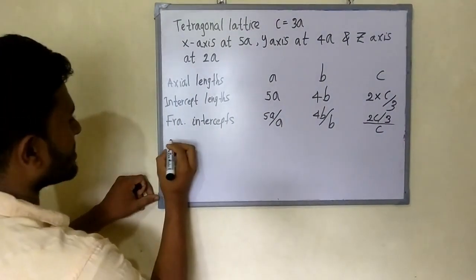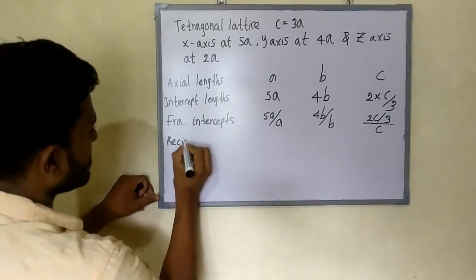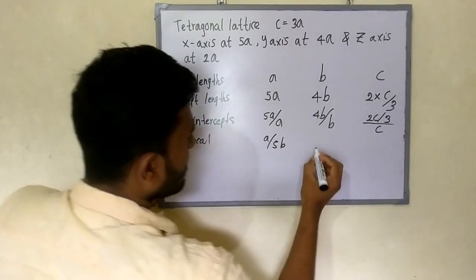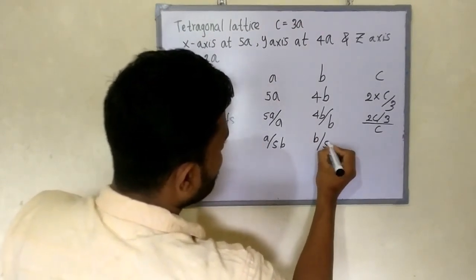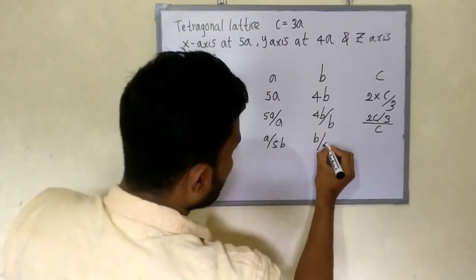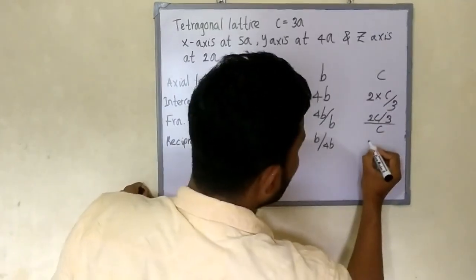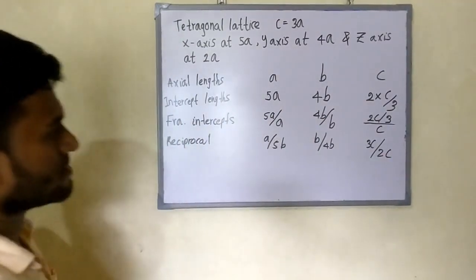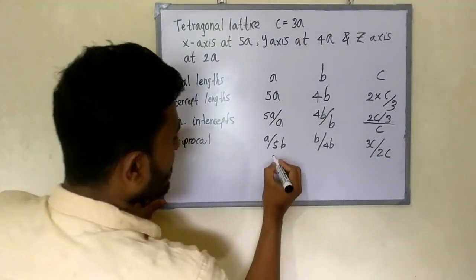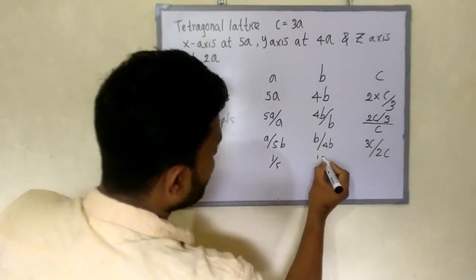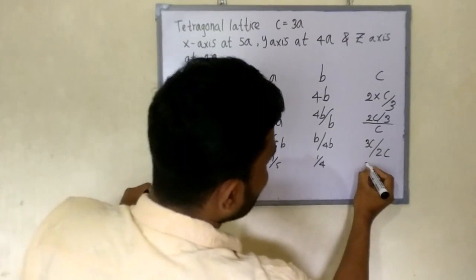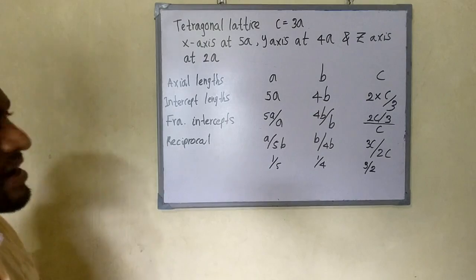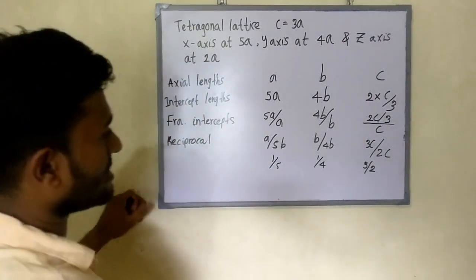Likewise you can write. Then you can take the reciprocal: a over 5a, b over 4b, then 3c over 2c. From that you can get the values 1 over 5, 1 over 4, and 3 over 2. So now you can simplify this into Miller indices.